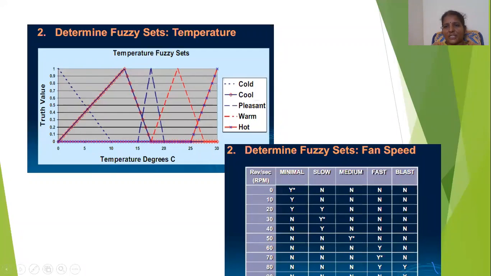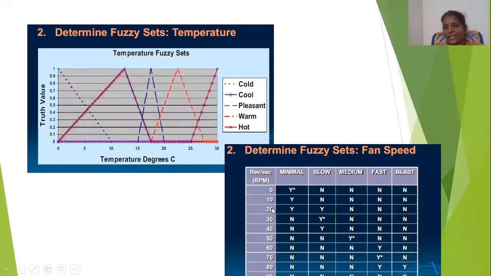The second parameter you need to consider is fan speed. The fan speed usually we are calculating in revolutions per minute, or RPM. Based on RPM, you need to analyze minimal, slow, medium, fast, blast. So here you can visualize the truth table for different ranges of RPMs.